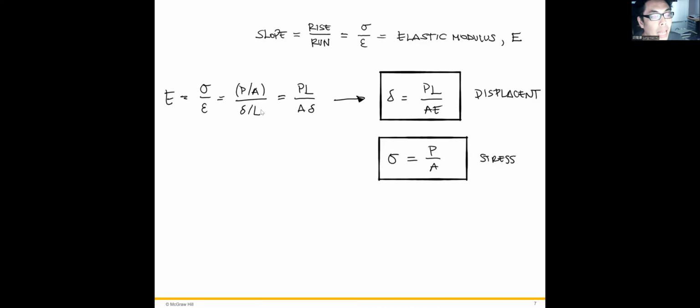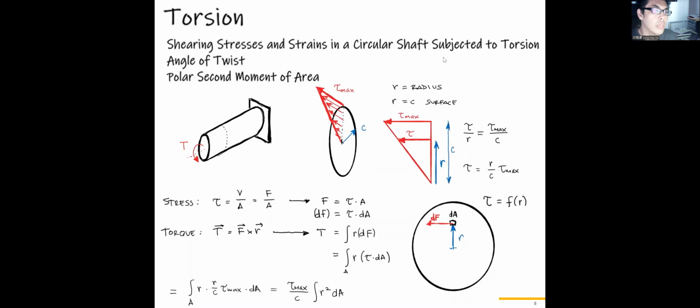So when a component is subjected to tension, its elongation, or displacement, equals PL over AE, where E means the elastic modulus or Young's modulus. That is from what we mentioned previously about the actual load, actual force, actual stress, and so on.